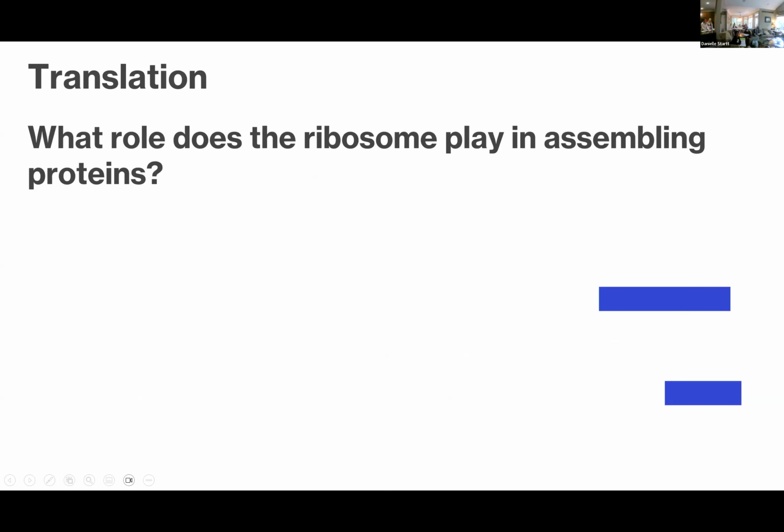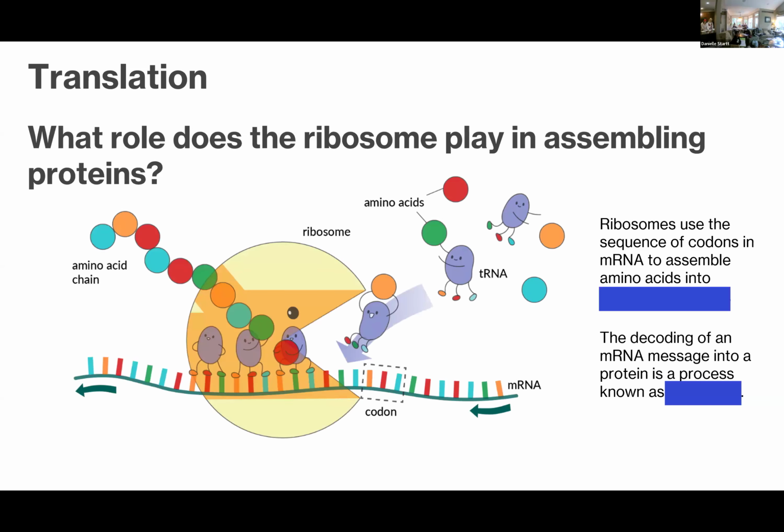So translation: what role does the ribosome play in assembling proteins? Ribosomes use the sequence of codons in mRNA to assemble amino acids into your polypeptide chain. So look here. In this case, your tRNA is shaped like a jelly bean, and it has 3 legs because they link down here to 3 little bases.